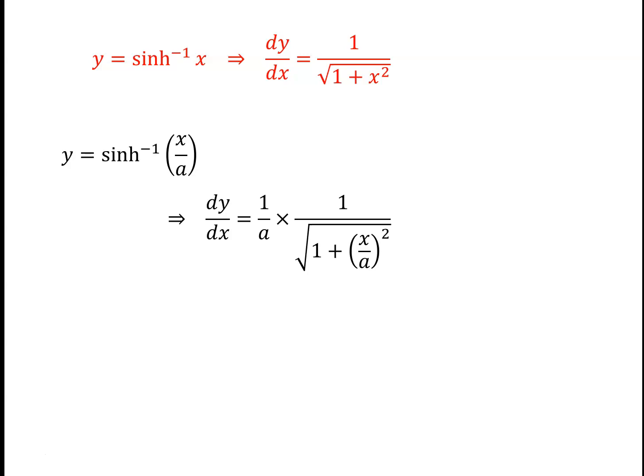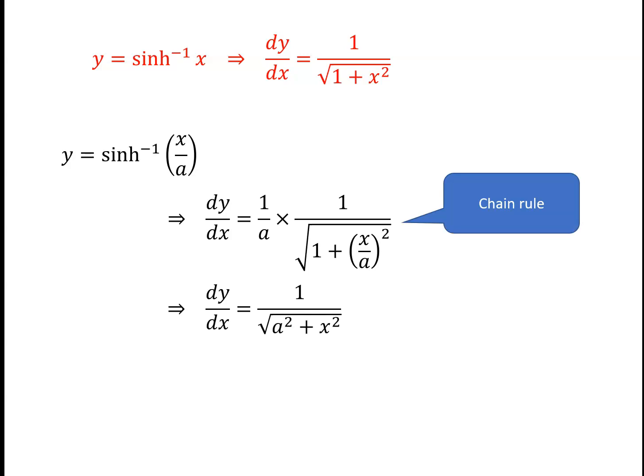Pushing the a through into the square root is going to give me a squared times by 1 plus x over a all squared. So that becomes simply a squared plus x squared inside the square root. So if I've got y equals sinh to the minus 1 of x over a, then dy by dx is 1 over root a squared plus x squared.